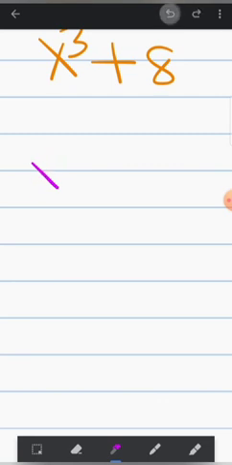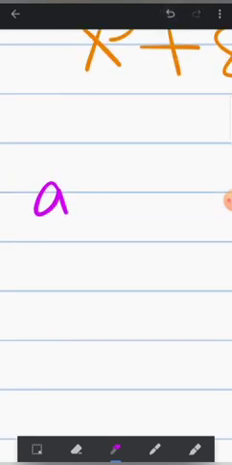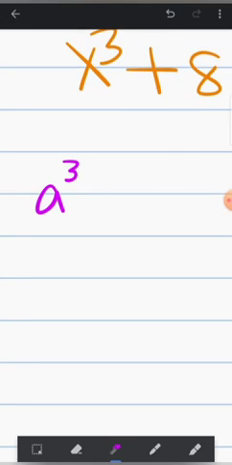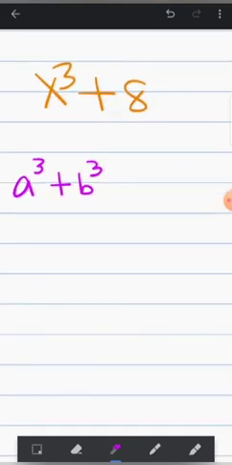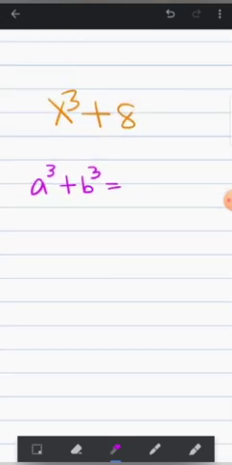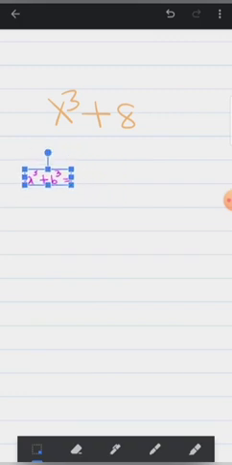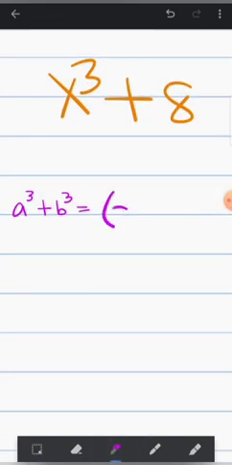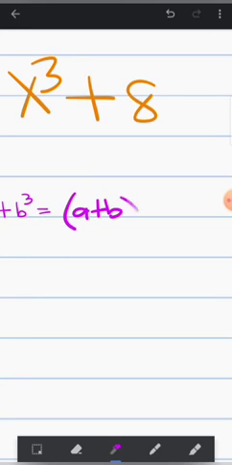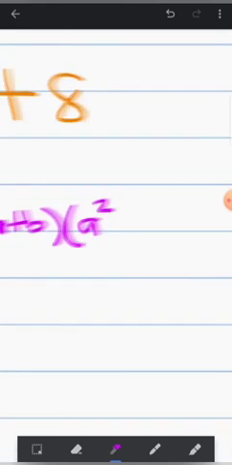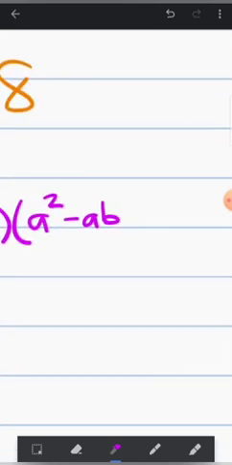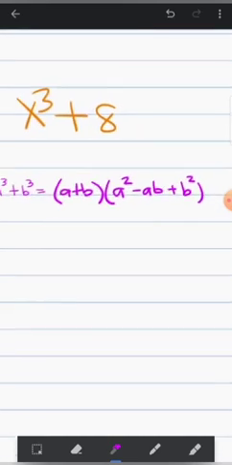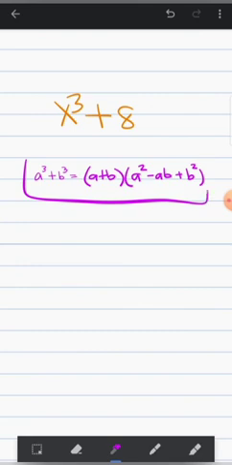If the term is, let's use another letter, a sum of two cubes, then basically its factors are a plus b times a squared minus ab plus b squared. So this is the equivalent.